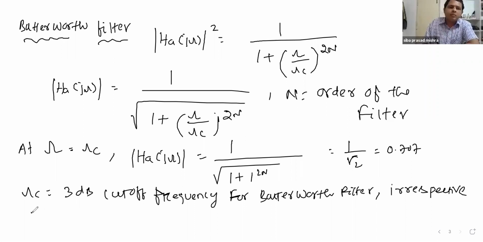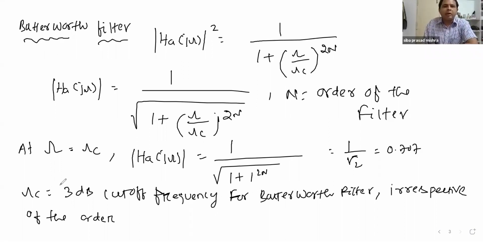Yes or not? It is irrespective of the order. Means whatever the order, it does not matter. Whatever the value of n, it may be 1, 2 or whatever, it does not matter.